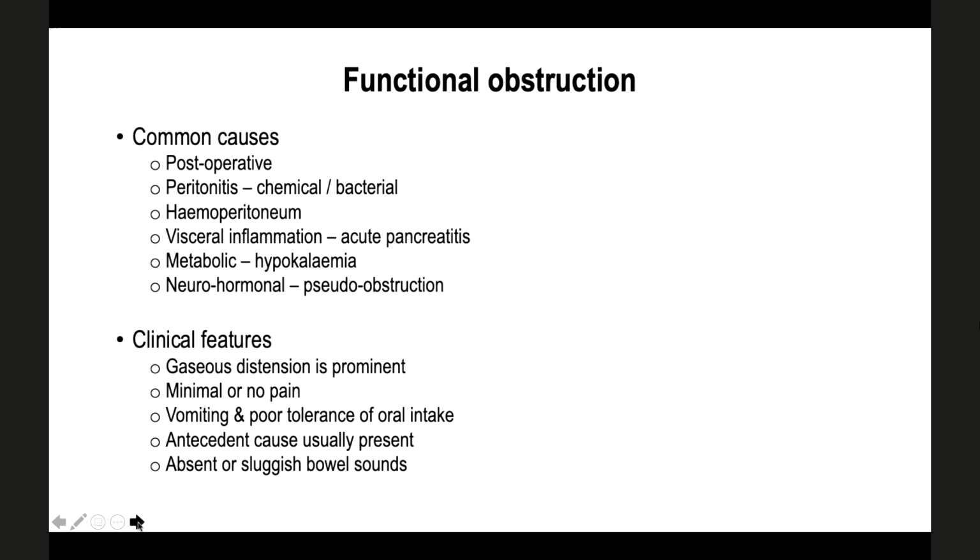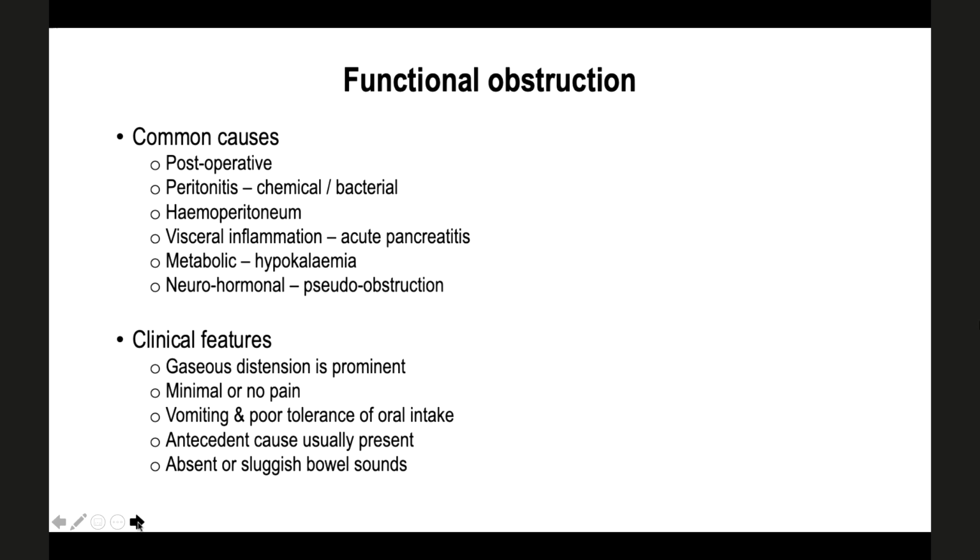Now, how can you differentiate somebody who has got mechanical intestinal obstruction from somebody who has got functional intestinal obstruction? It's not always easy or clear cut, but in general, in both of them you have distension, but abdominal distension can be more prominent in functional obstruction.